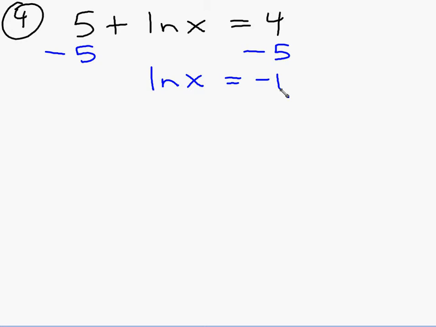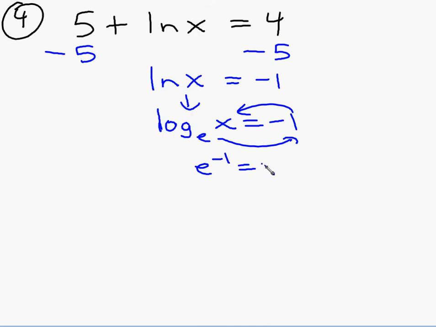Now, to finish this, I would say that this is log base e of x equals -1. Does everybody see how to finish it? The switcheroo. E to the -1 equals x. Or I could just say that x equals 1 over e. It's totally okay because e is just a number. That would be some kind of decimal answer.